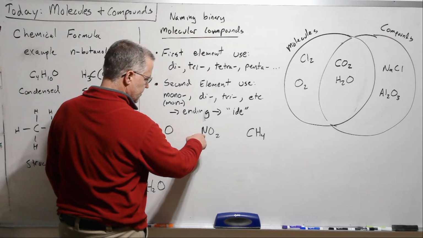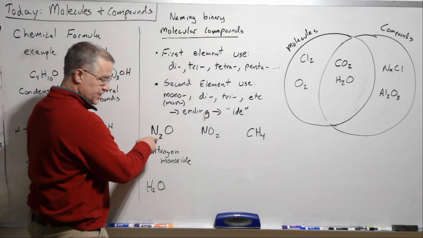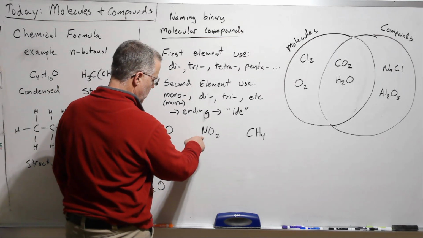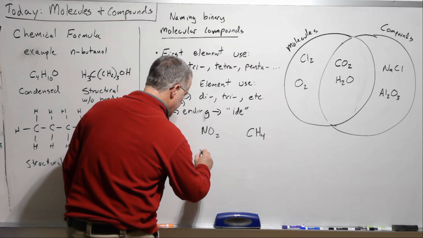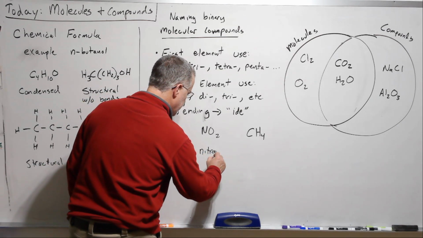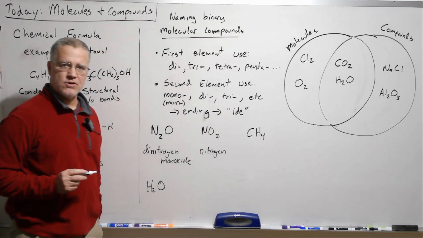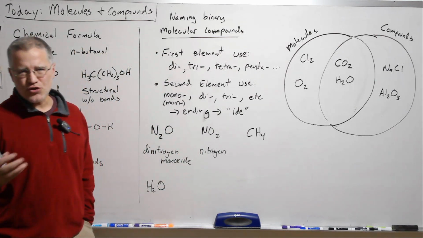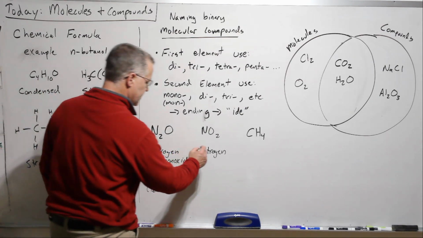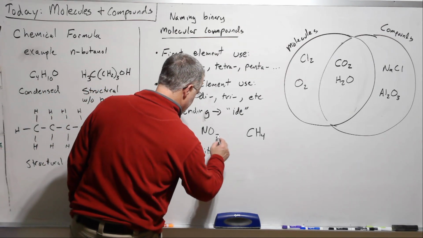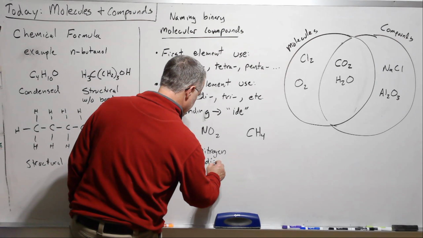Here we have a similar compound, but notice it's distinct. Now we have one nitrogen, so we'd say nitrogen. And notice we don't say mononitrogen, although you could, people would know what you're understanding, but it's just the convention to not say that. Nitrogen dioxide.